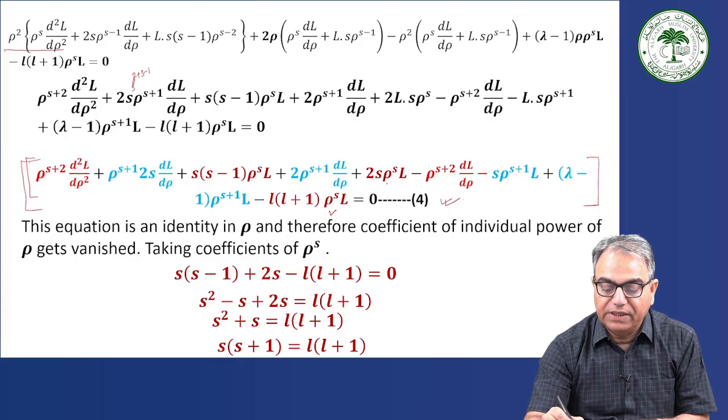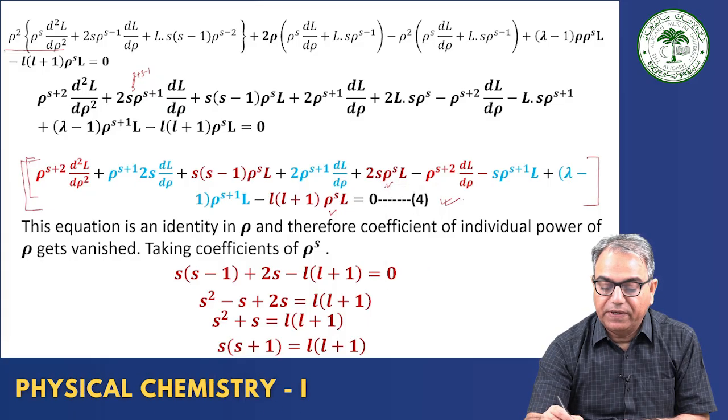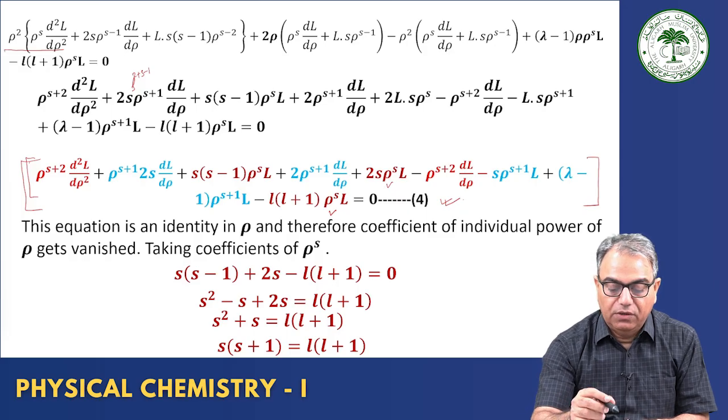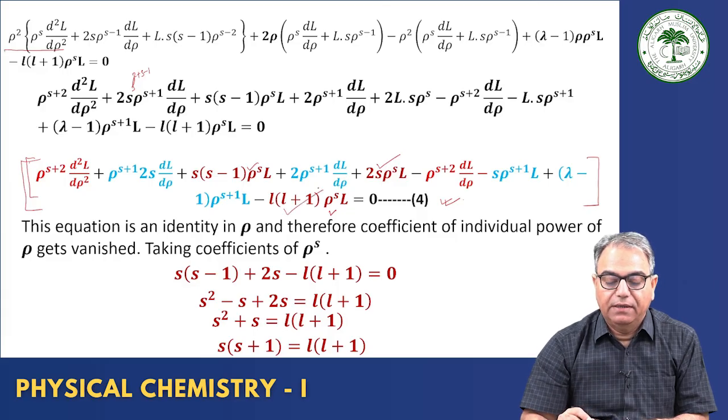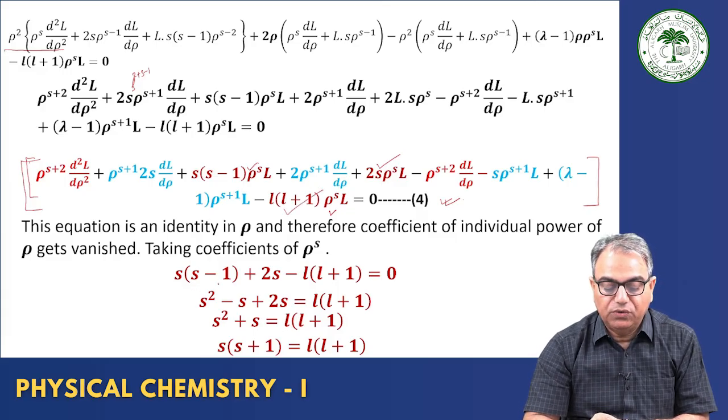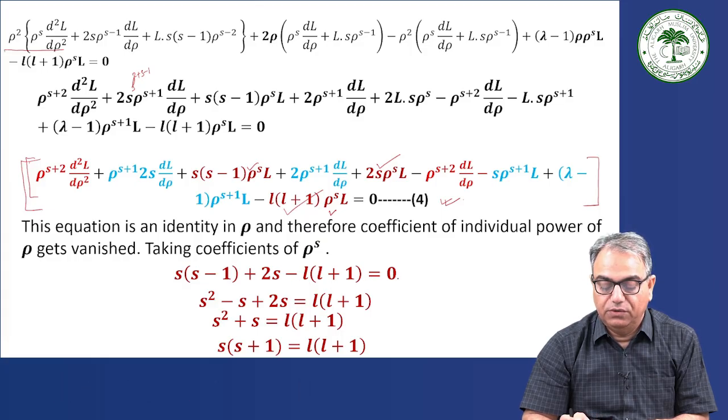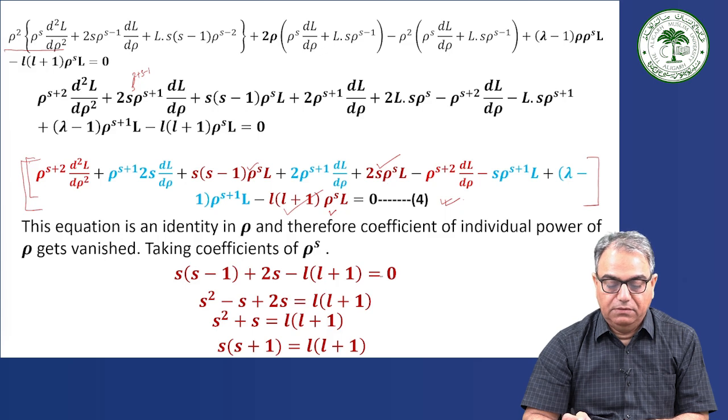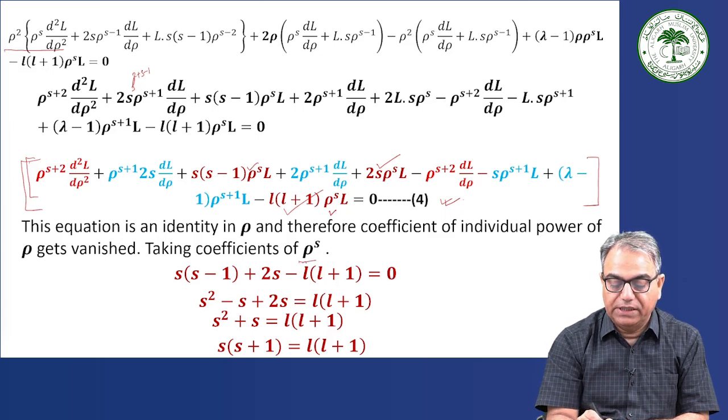You have it here also. So this and this we can take, and you have the coefficient s into s minus 1 plus 2s minus L into L plus 1 is equal to 0.